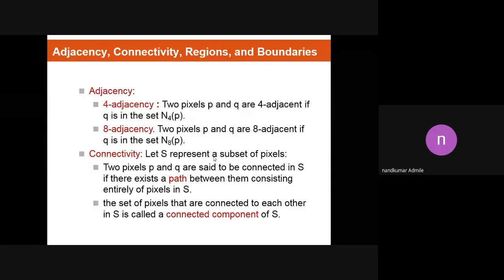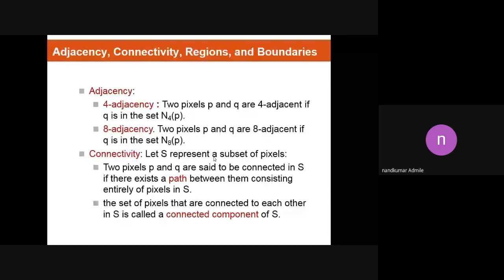Look at what I am saying: if you have to calculate the distance between 2 pixels by using 4 connectivity, then we can go either in vertical direction or horizontal direction. These are the only 2 directions. Next, if we consider the 8 connectivity, we have a choice.